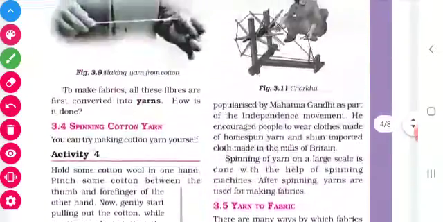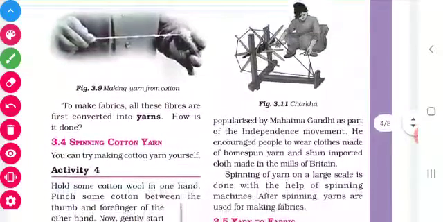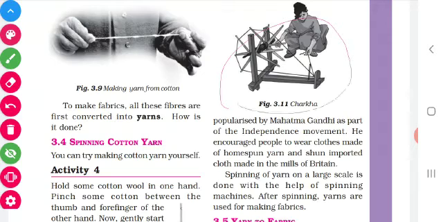The next one is the chakra. On seeing this, whom do you remember? We remember Mahatma Gandhi, isn't it? This is one of the devices used to convert fibers into yarns.